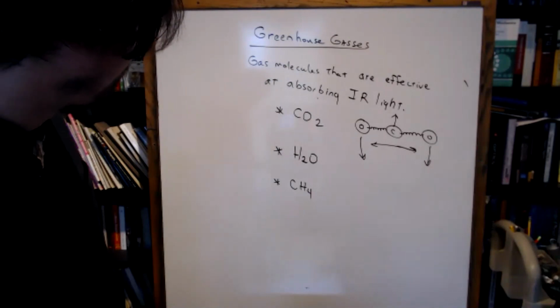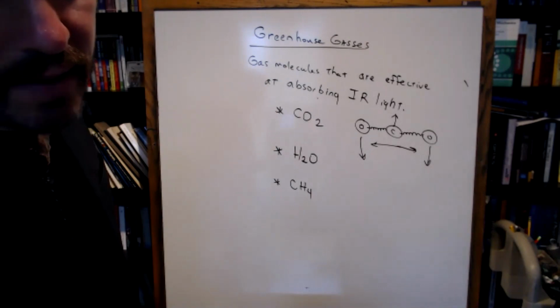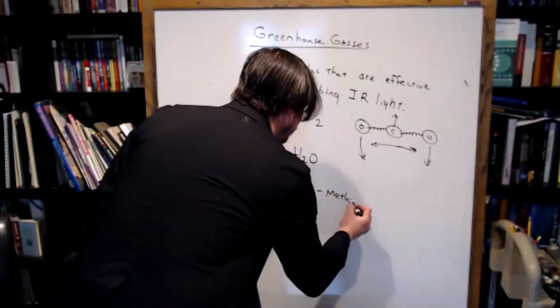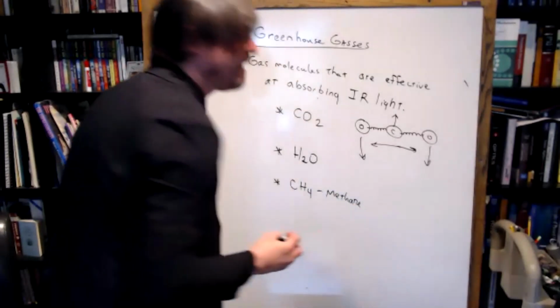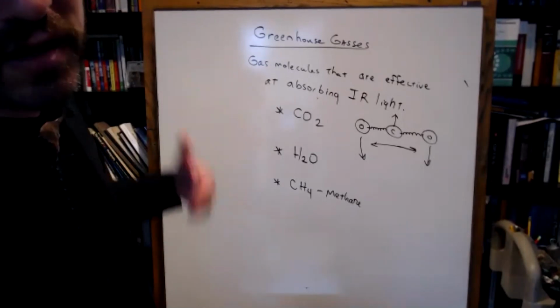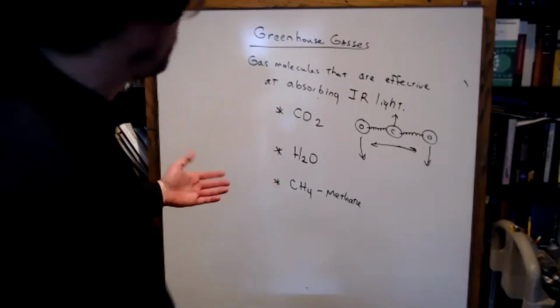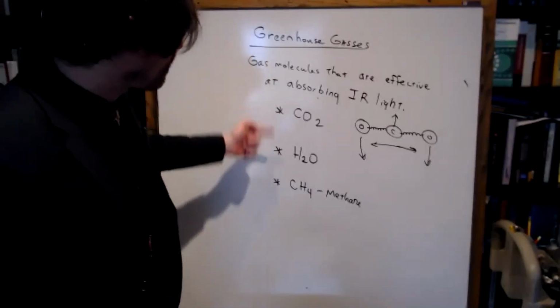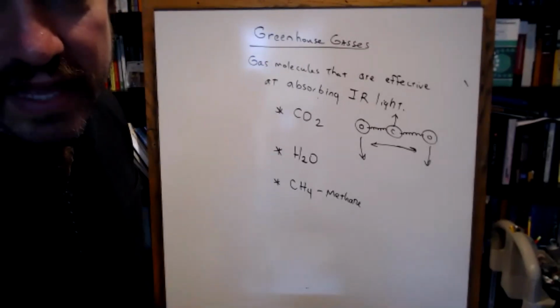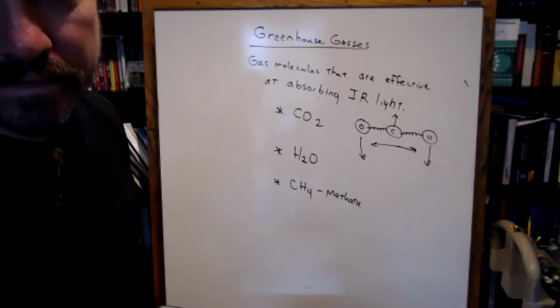What else? There are some others, but CO2, H2O, and methane are some of the more important greenhouse gases in our atmosphere. I think nitrogen dioxide is another one, but they get increasingly smaller in terms of their percentage of Earth's atmosphere. I was hoping that you guys might remember what fraction of our atmosphere CO2 and water comprise, because that's kind of important for this discussion here.